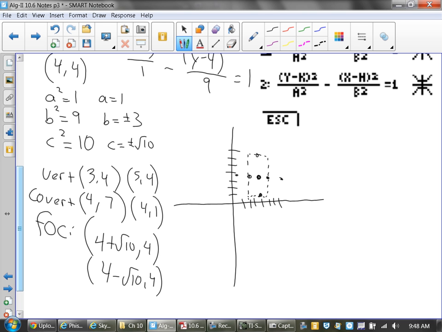See what I did there? I just plus and minus the c value. I don't need to get the decimal equivalent. I'm plotting it close-ish, but I'm not writing down the decimal value. I'm just giving it in terms of the radical. Now I've got all of my ordered pairs. Oh, I didn't put in my asymptotes yet.